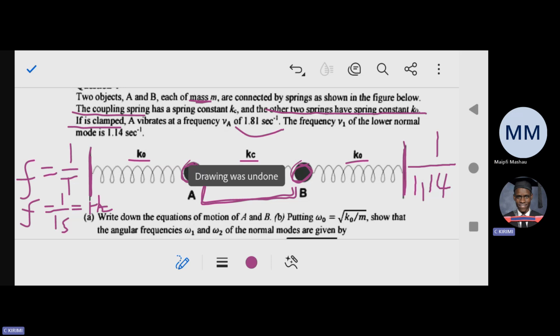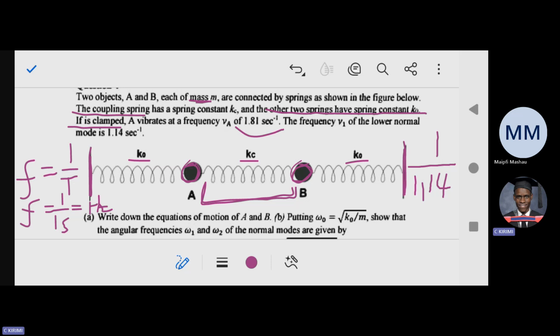Question now. There we are going to write the equation of motion of A and B. That is the first thing. Write the equation of motion of A and B while it's attached to that.